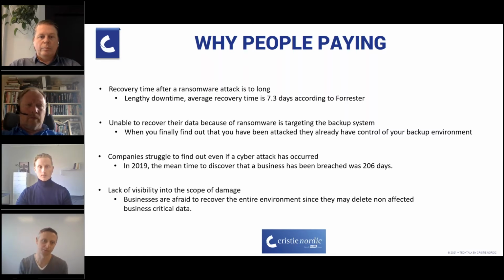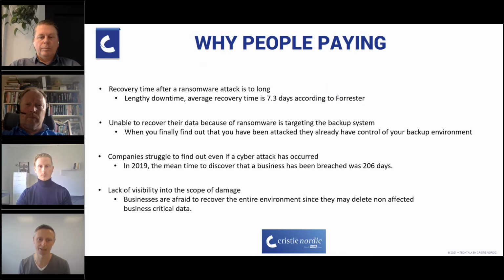And the fourth thing we also saw is that the scope of damage has also been a problem. That means when they were restoring the data after disaster recovery or after a ransomware attack, they didn't know what kind of data to restore. They said, oh, let's restore the entire server.